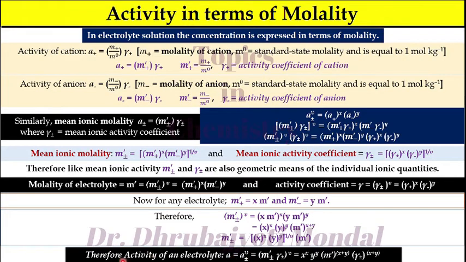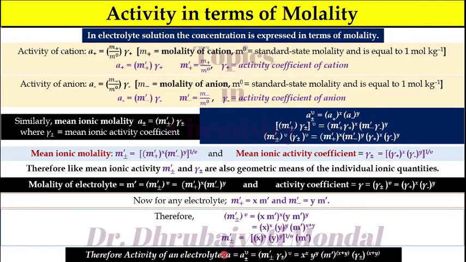Now, what is the activity of an electrolyte? Activity of an electrolyte, a is equal to a± to the power ν, and a± to the power ν means (m'± into γ±) whole to the power ν, and already you have calculated what is the value of m'± to the power ν. So you can write that is equal to x to the power x into y to the power y, m' to the power x plus y into γ± to the power x plus y.